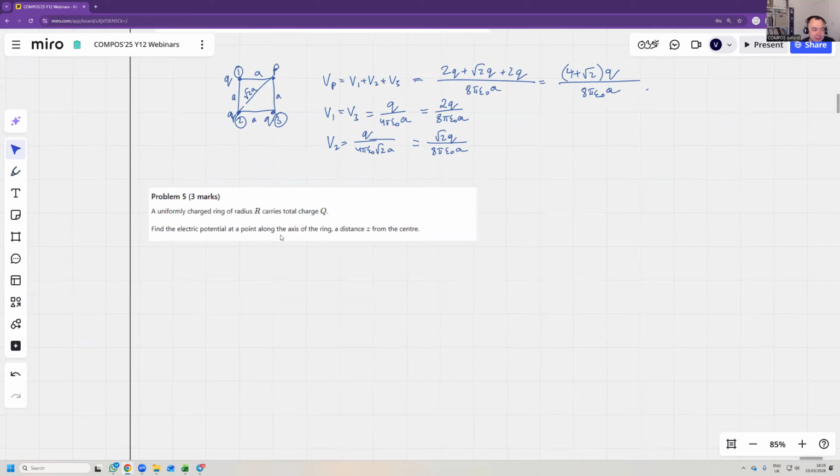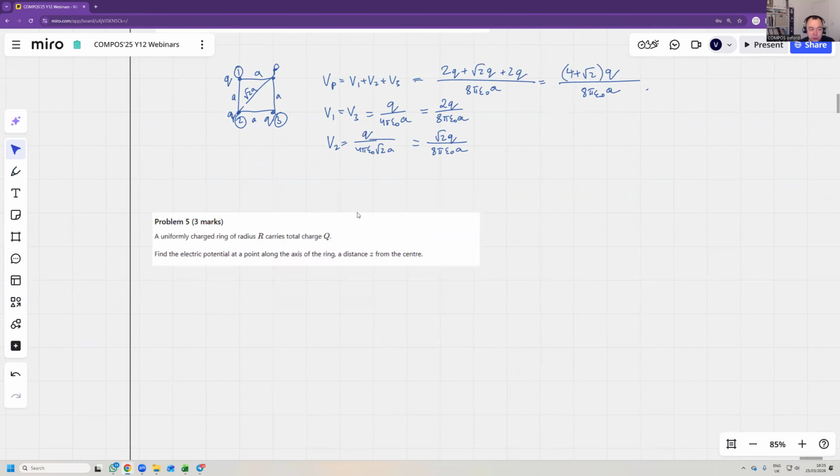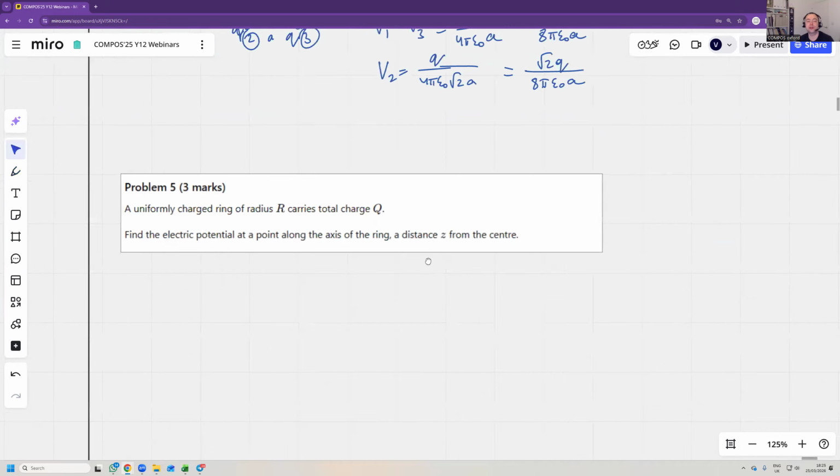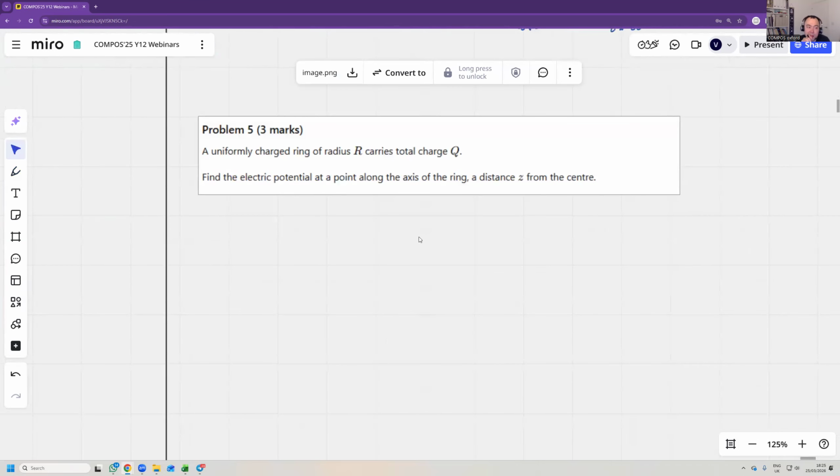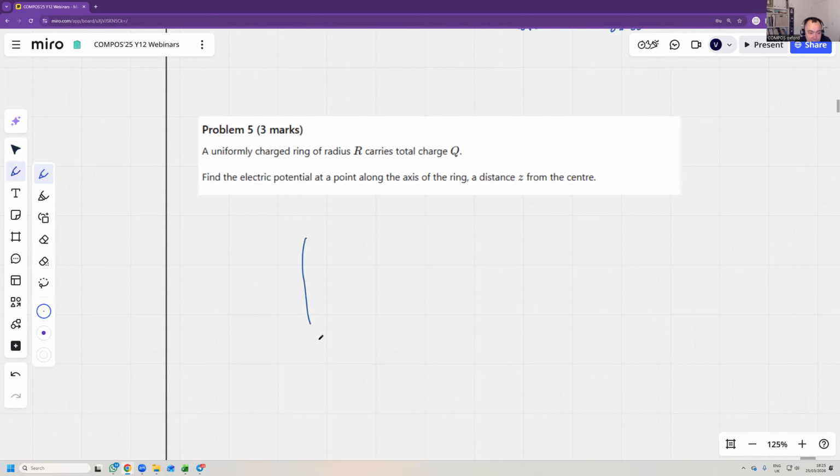Nice one. A uniformly charged ring of radius r carries a total charge q. Find the electric potential at a point along the axis of the ring, a distance z from the center. So we have a ring, and you can think of the ring as made of tiny charges.